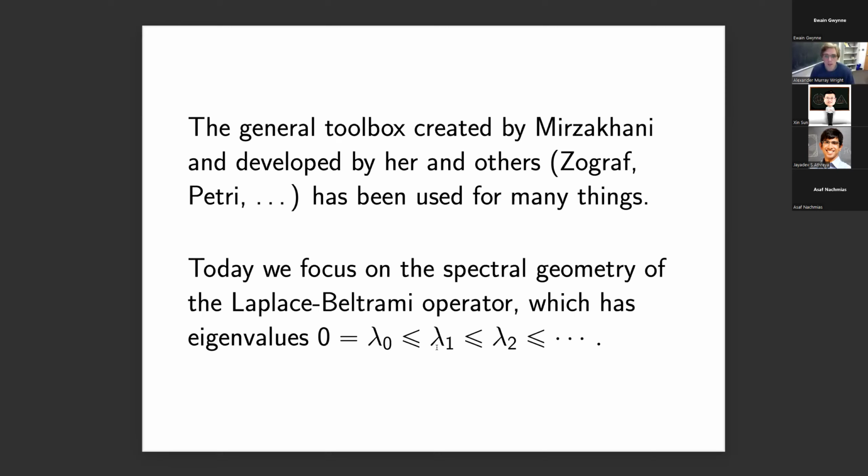Okay, so there's an immense toolbox, started with Mirzakhani's thesis and developed by hers and many others. It's been used for a lot of things, both for the study of Weil-Petersson random surfaces and a huge number of other things. Today, I want to focus on the spectral geometry of the Laplace-Beltrami operator on a hyperbolic surface and its eigenvalues, which are normalized.